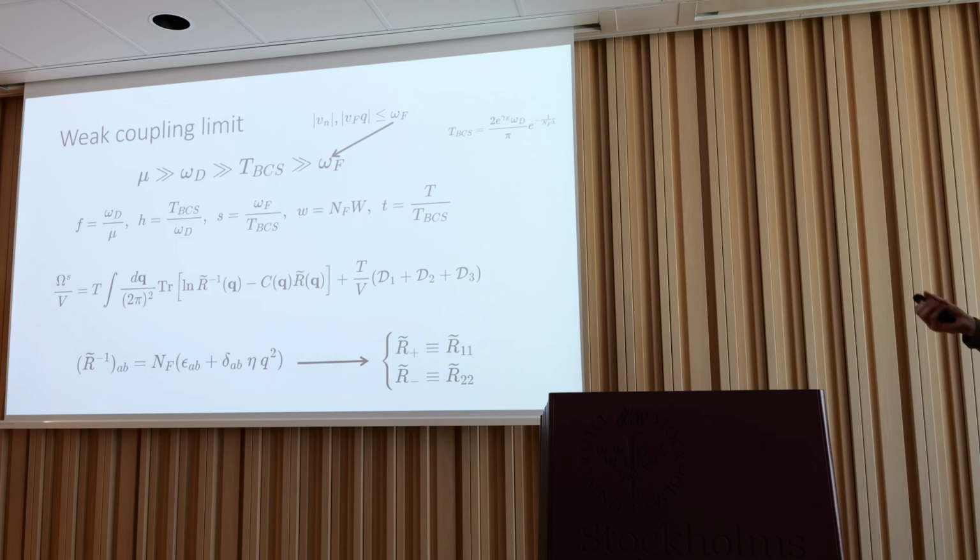The minimum is obtained when they are 0. And so I will just use the following notation. I'll have only the diagonal parts, the one corresponding to S plus S and the one to S minus S.